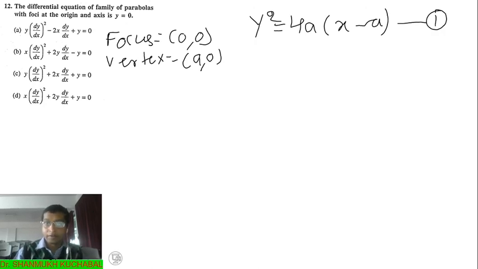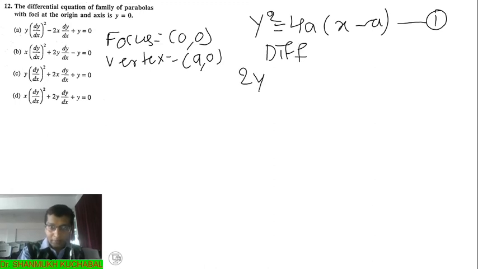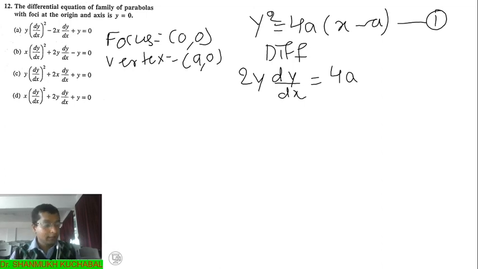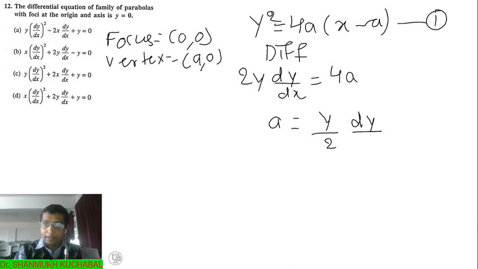So further, we have to differentiate this one. So we get 2y, y is a dependent variable, dy by dx equal to 4a into (1 minus 0), that is we get 4a. Further, I write a solution for a, so a equal to y by 2 dy by dx.